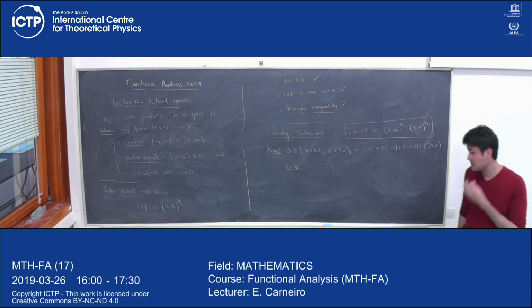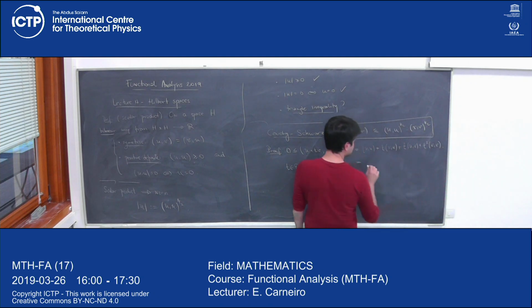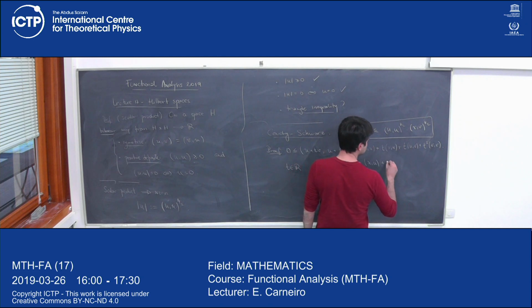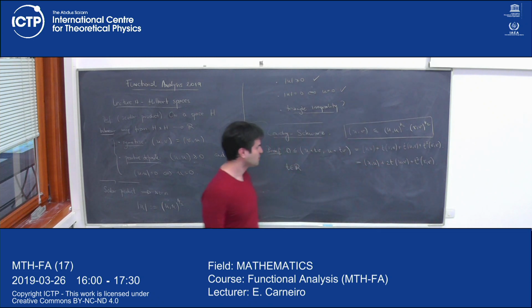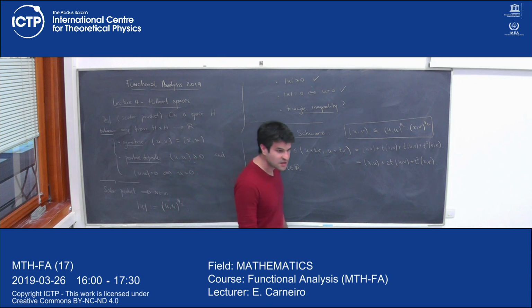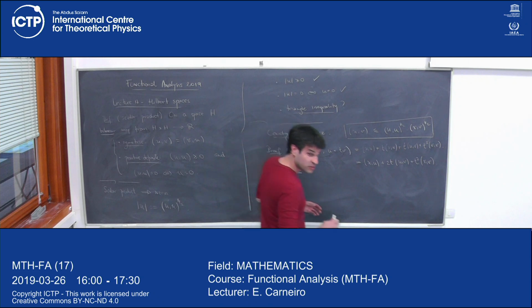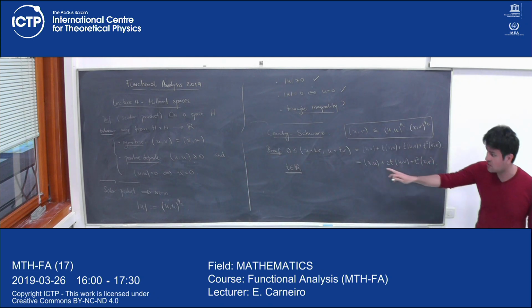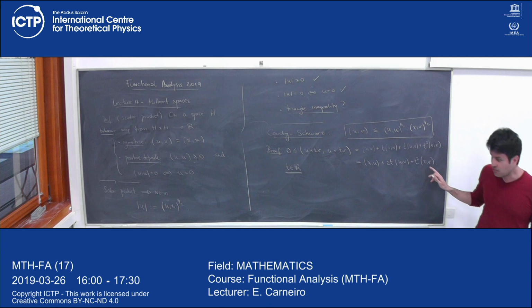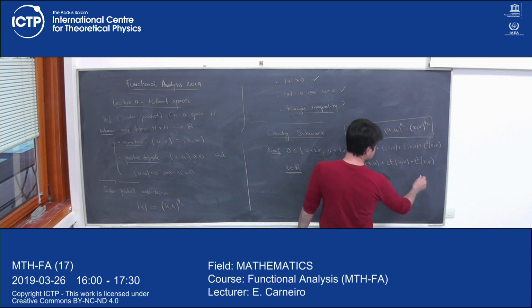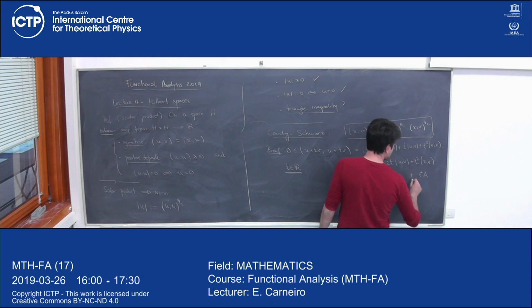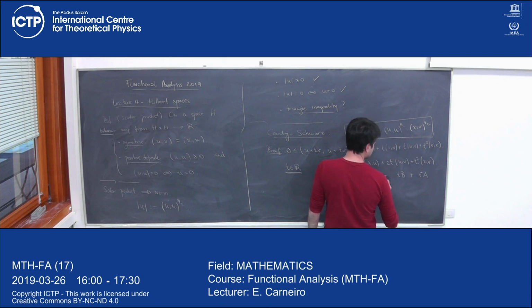Since this is symmetric, what you get is u scalar u plus 2t u scalar v plus t squared v scalar v. So if you fix u and v and let t be your real variable, you have a quadratic in t, of the form at squared plus bt plus c.